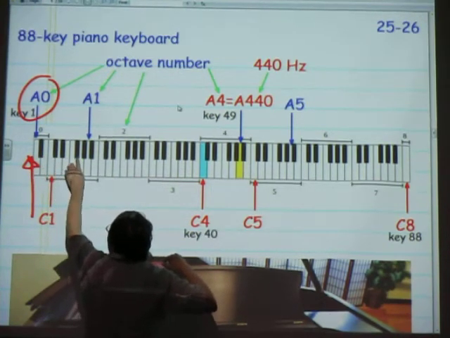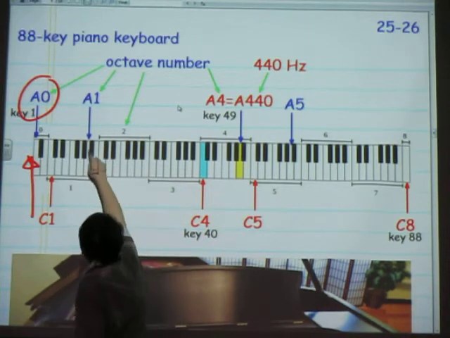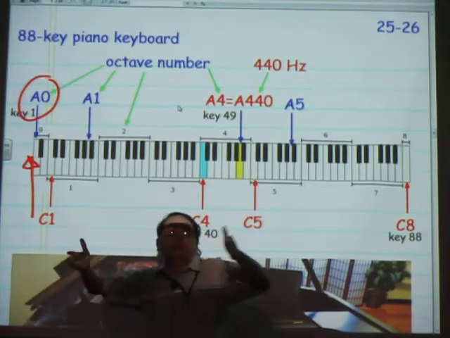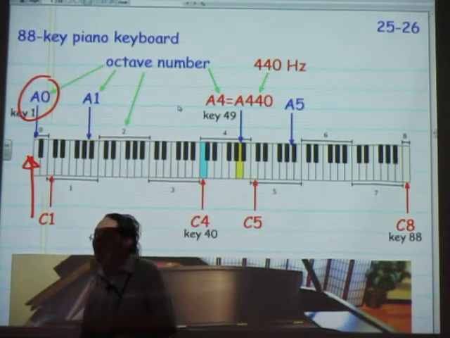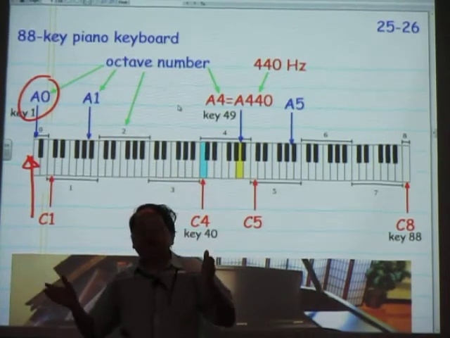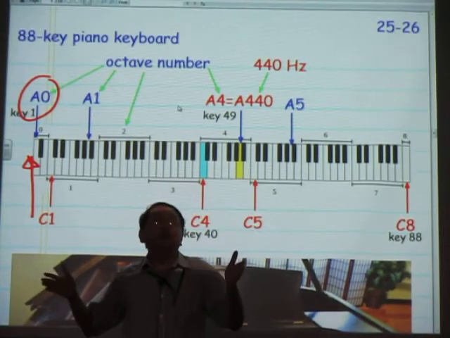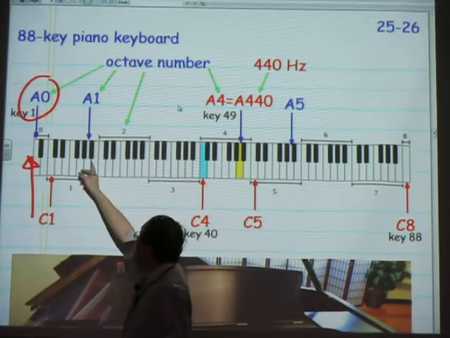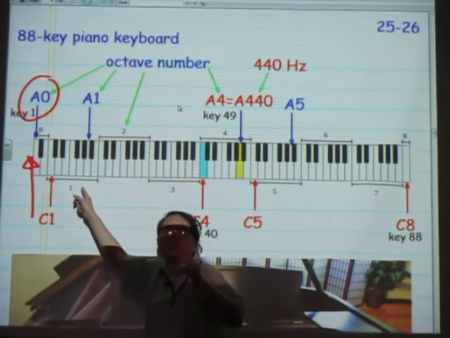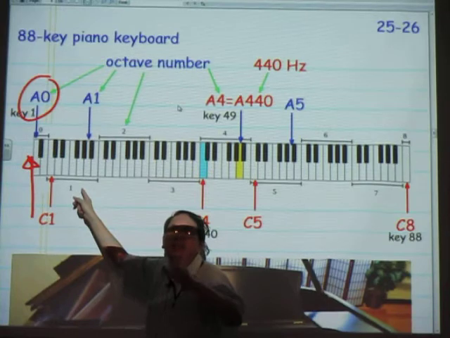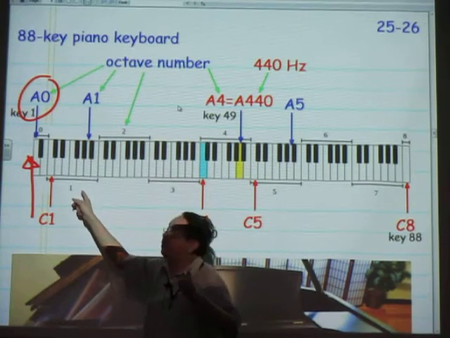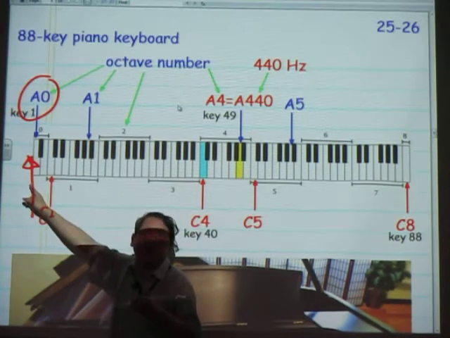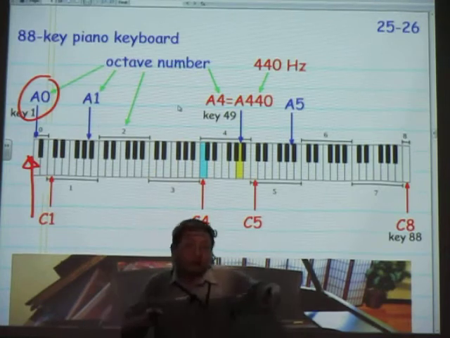Now you see A1 is 12 semitones above, so you can count 12. And so A1 is one octave above A0. What is one octave? One octave is when you double the frequency. So the note A1 has a frequency that is exactly 2 times 27.5 hertz. So you keep multiplying by 2.